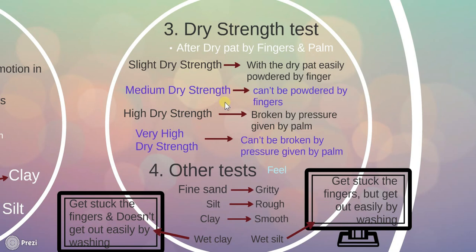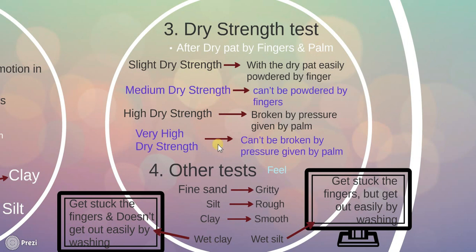If the dry pad can be broken by pressure with the palm, it is high dry strength. If the dry pad cannot be broken by pressure with the palm, it is very high dry strength. So that is how we can know whether its dry strength is slight, medium, high or very high.